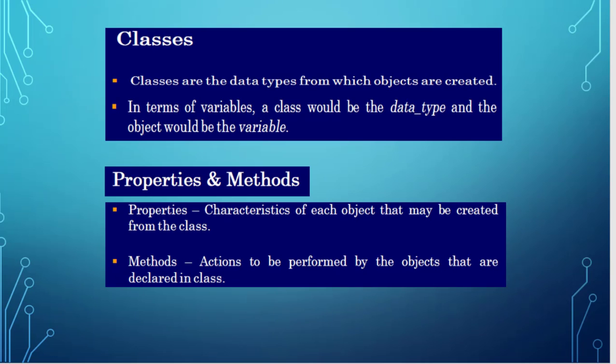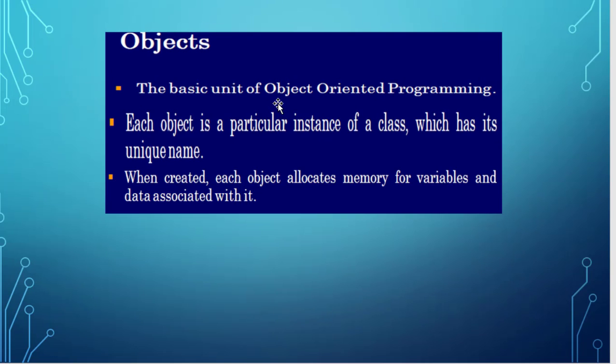Now let me come back on this. So in terms of data type and the variables, let's say the class is the data type of an object. Then the object is a variable of the class.